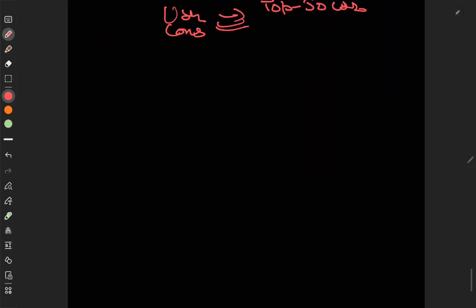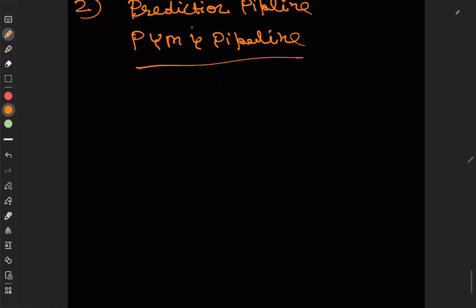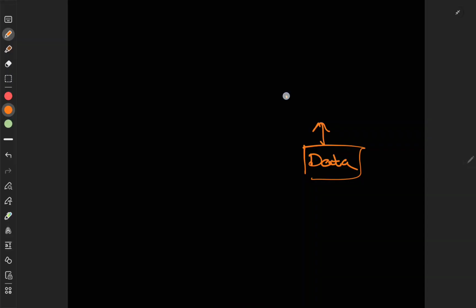So how would this whole serving look like? There would be two things. One would be the prediction pipeline, and the other would be the PYMK pipeline. Now let's discuss each pipeline one by one. See this PYMK, people you may know pipeline. You have your data, right? It will be converted into features.